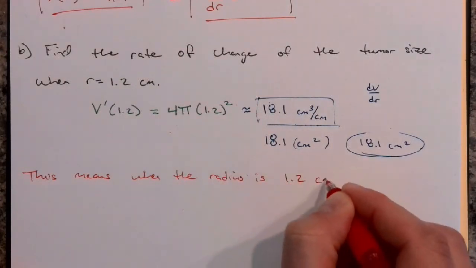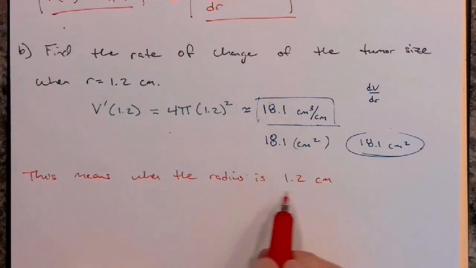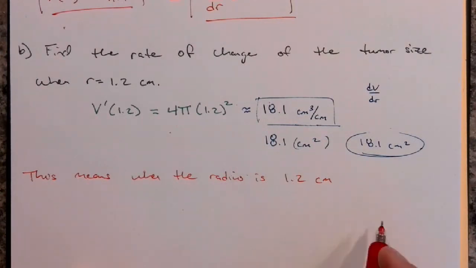is 1.2 centimeters, and this is important, it's at the specific point when the radius is 1.2 centimeters. If it was anything else, 1.3 centimeters, or 0.9 centimeters, it would be a different value.